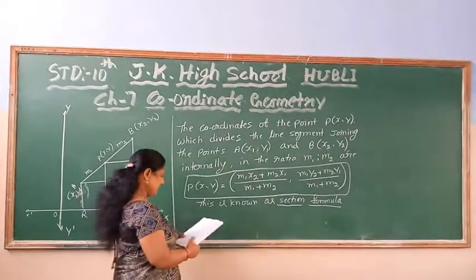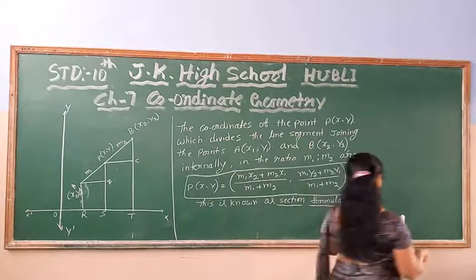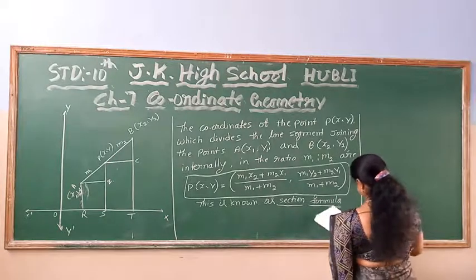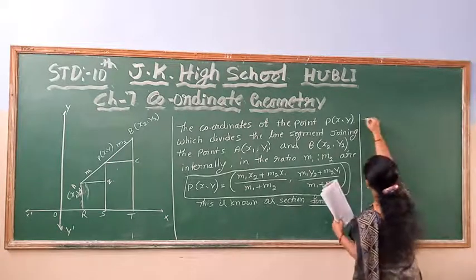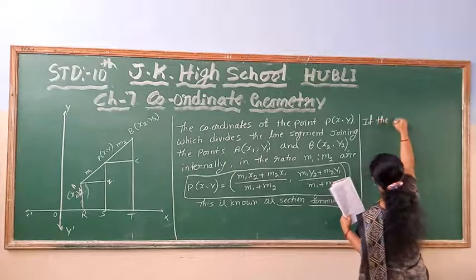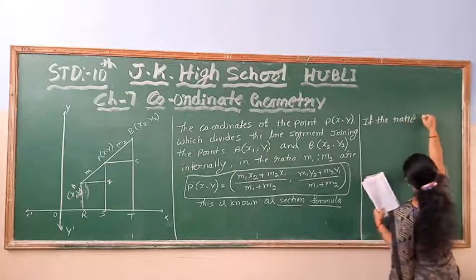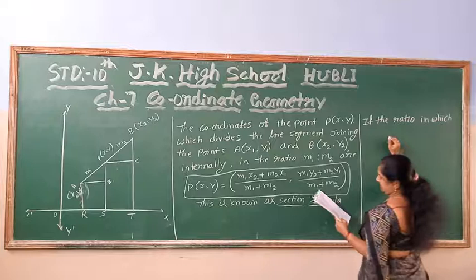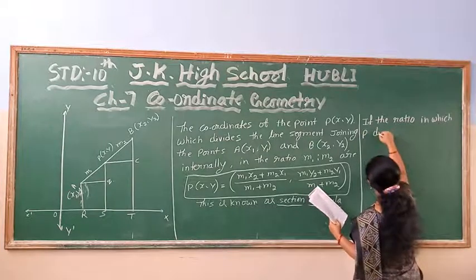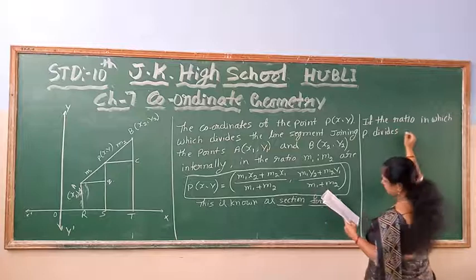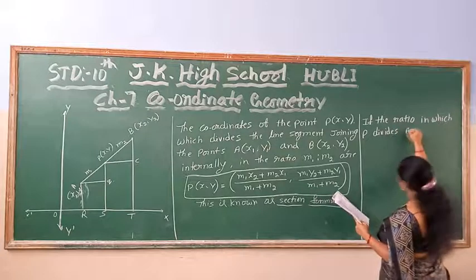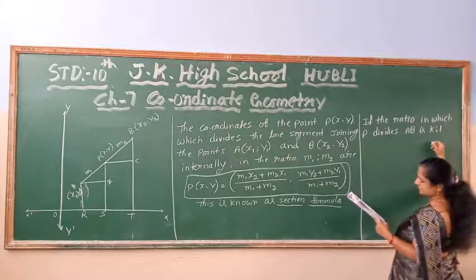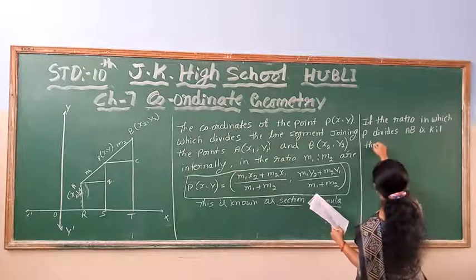So then, if the ratio in which P divides AB is k is to 1, then how do the coordinates of the point P become?